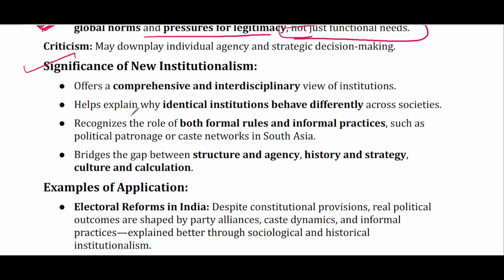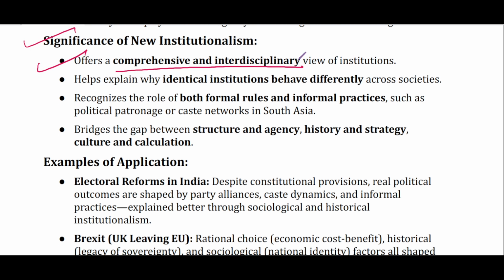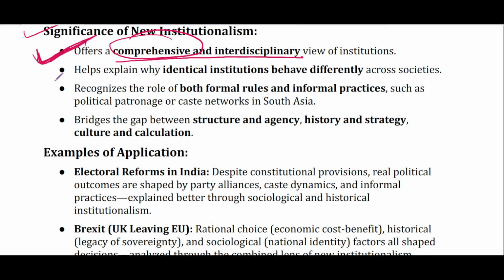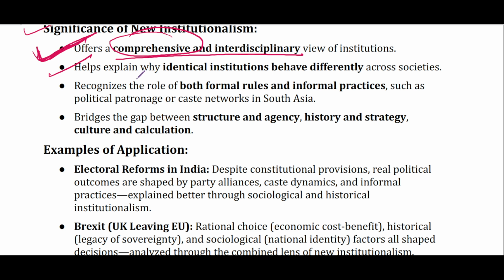Now, the significance of new institutionalism. First, it offers a comprehensive and interdisciplinary view, because here formal political institutions and informality, both of them, have provided the much needed comprehensiveness. This approach explains why identical institutions behave differently across different societies.